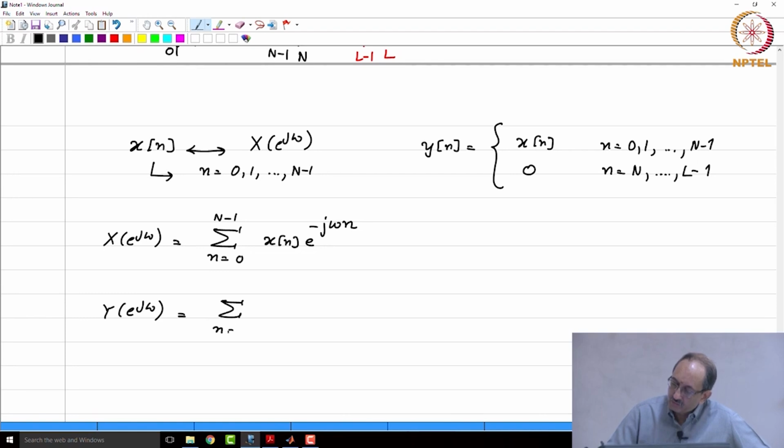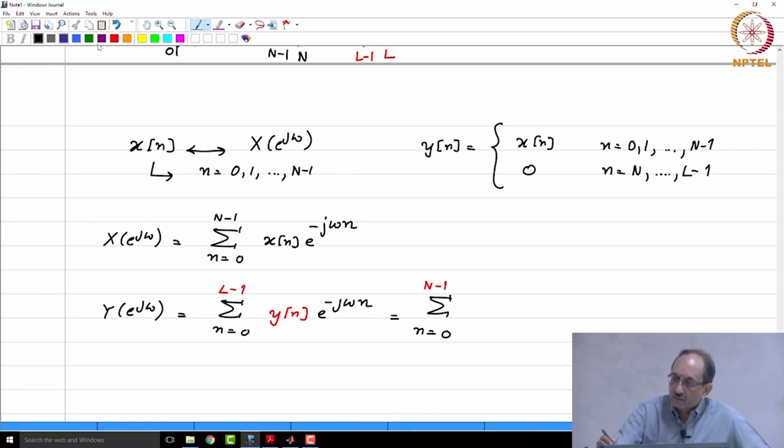So this is the sum over n going from 0 to L minus 1 of y of n e to the minus j omega n, and this is easily seen to be the sum over n going from 0 to n minus 1. Not only that, within this interval y of n equals x of n. So this is x of n times e to the minus j omega n, and this immediately tells you that y of e to the j omega and x of e to the j omega are identical.